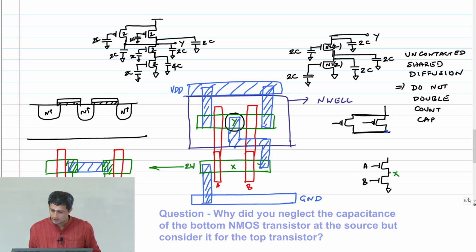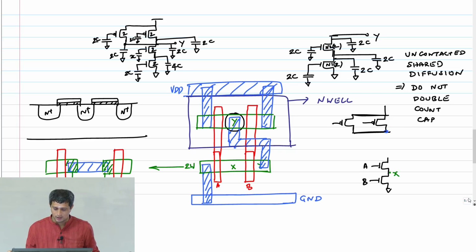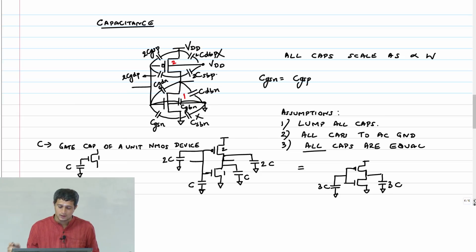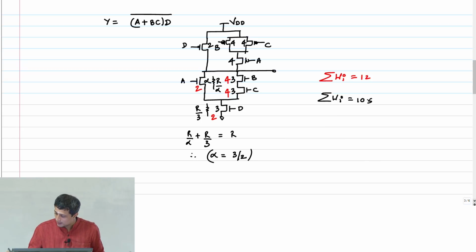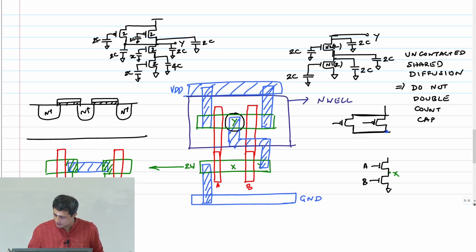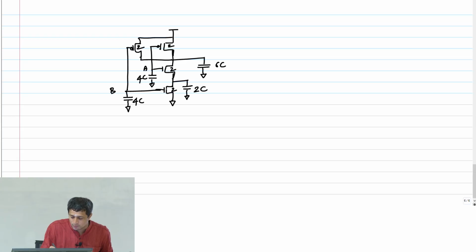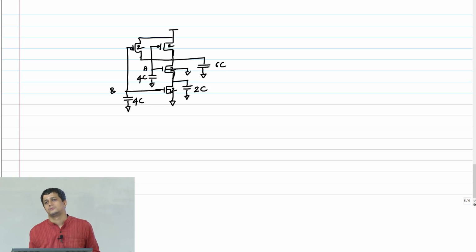Oh, yeah. See, for the inverter, the bottom transistor source was shorted to the body. Both are connected to ground. The reason is, if you look at this NMOS transistor stack here, this guy's body is grounded, this guy's body is grounded, but the source is not. Therefore, I have to bring in that capacitance there.